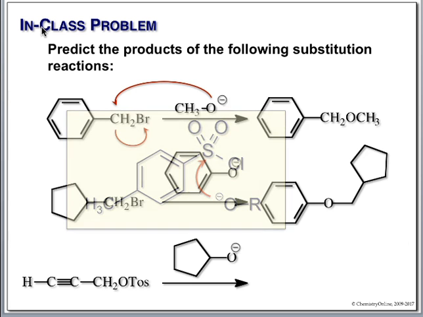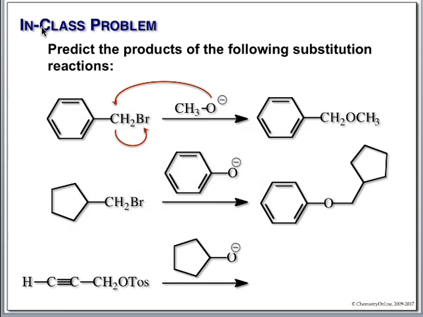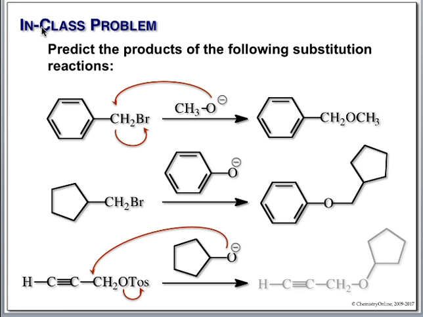What's going to happen is the same thing. The alkoxide is going to attack the carbon, the tosylate is going to leave, and we're going to form the simple ether. Any questions?